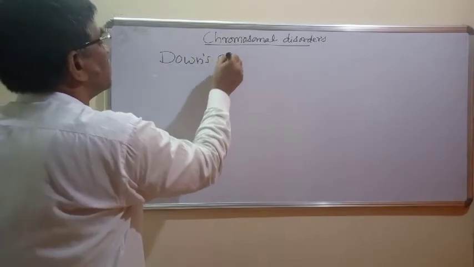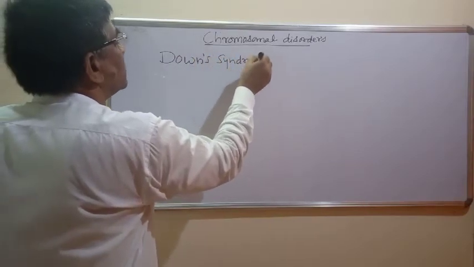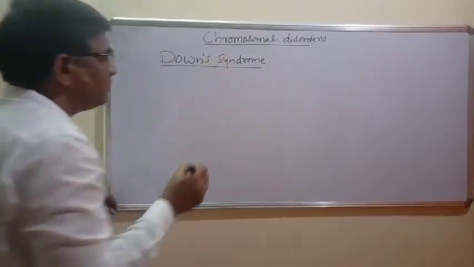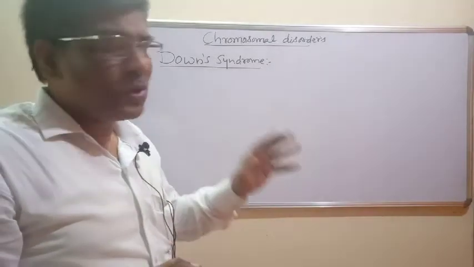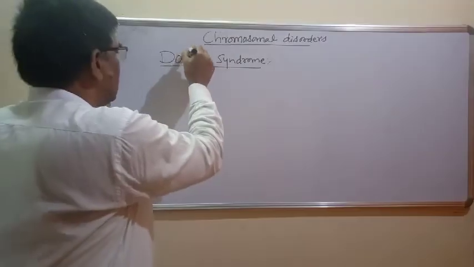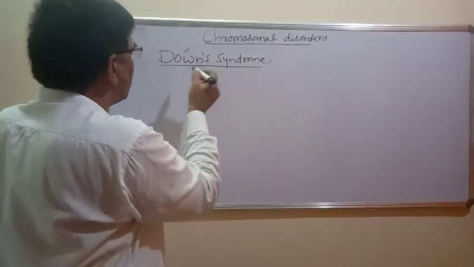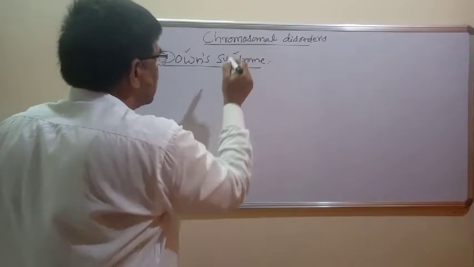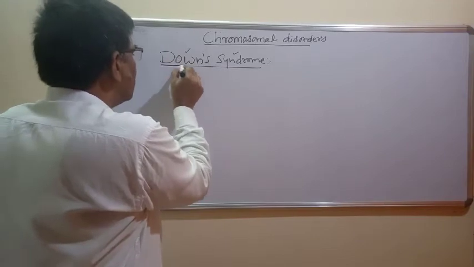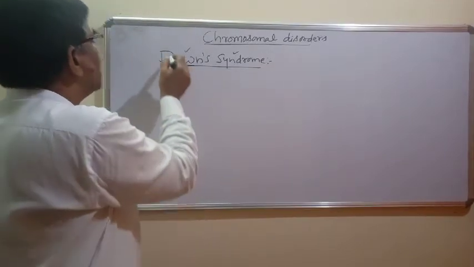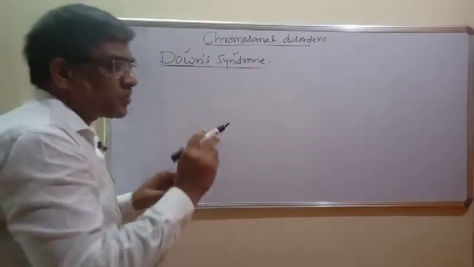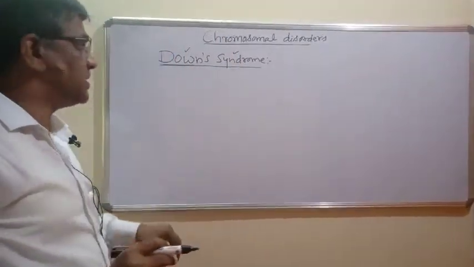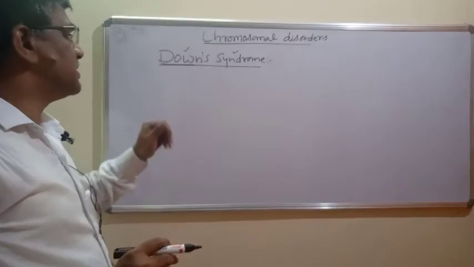Down's syndrome. Here you have two words. Down means down, but here that is not the meaning. Down is the name of the scientist, a physician, who first observed this disease.